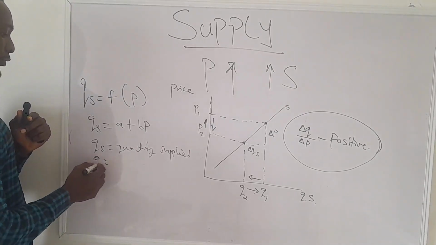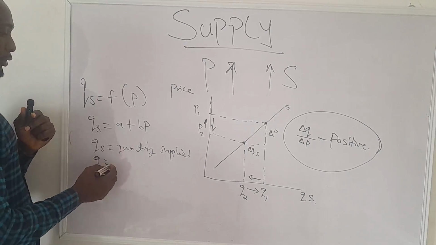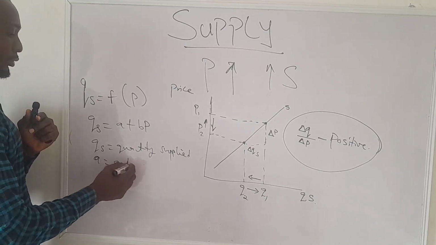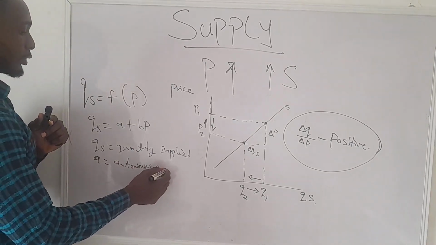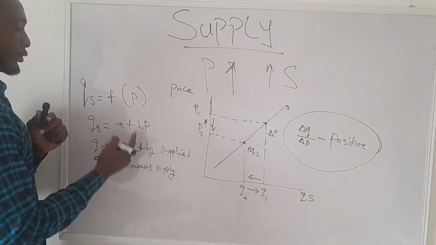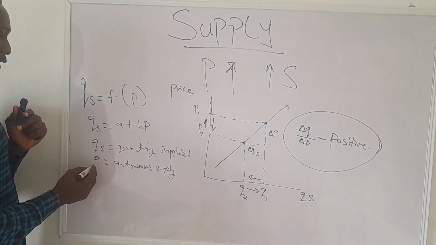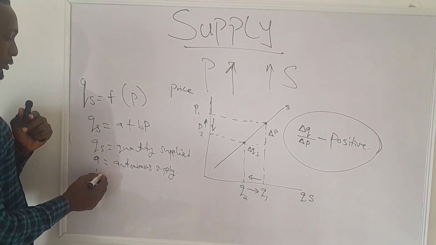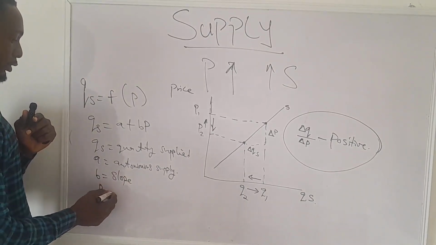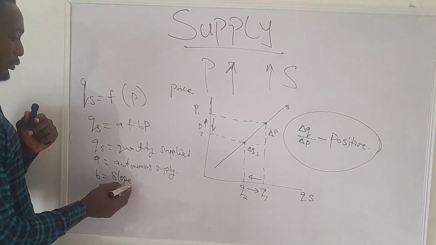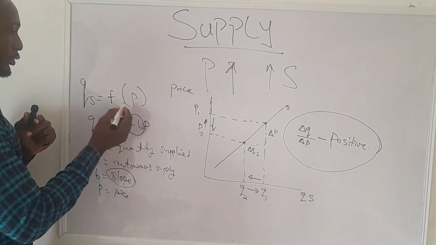The A here represents autonomous supply. I would say this for now is not really important because this is for a higher level. And then the B here represents the slope, and the P is the price. So the slope is positive, and you can see here it comes with a positive.